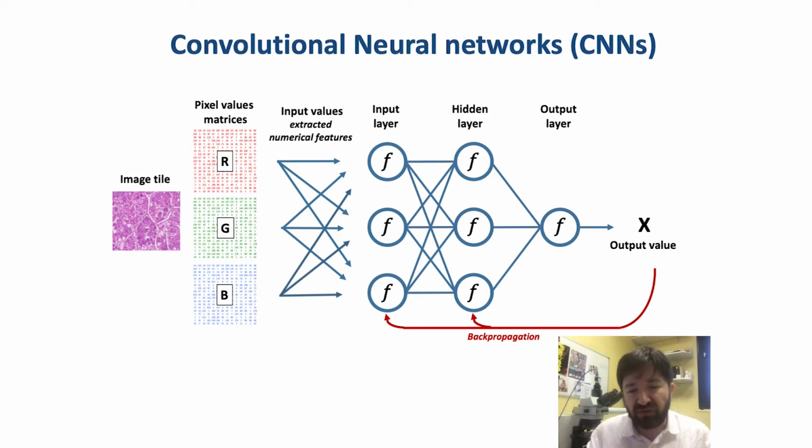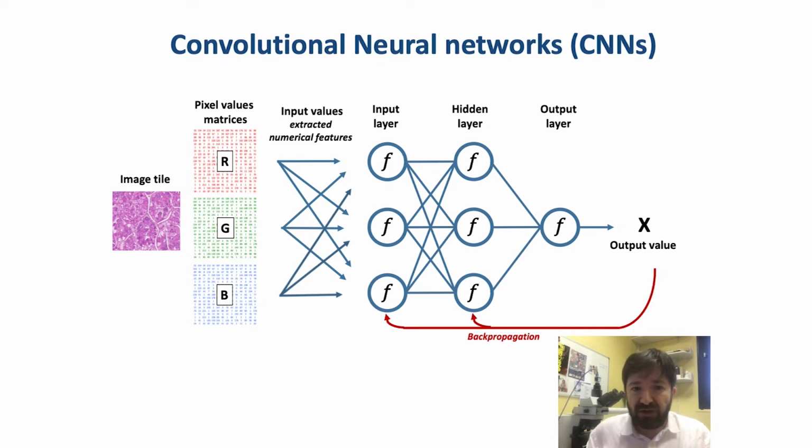I won't go into too much technical detail, but basically, what are they doing? They extract numerical values that are thought to represent the different characteristics of the image based on the matrices of numbers, and they process these values, and they learn what are the important values that will predict, for example, a particular feature.